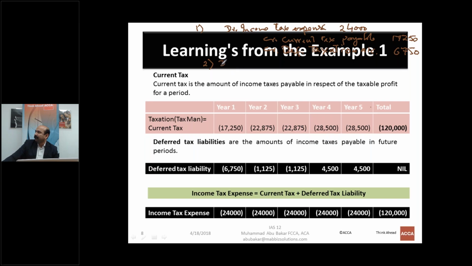Year 2, similarly: income tax expense will be the same 24,000, and the credit will be current tax payable, that is 22,875, and the remaining difference will be credited to deferred taxation.